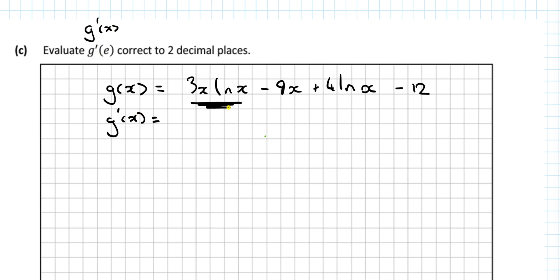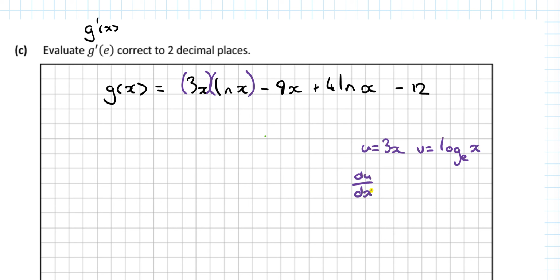To differentiate this, it is two terms with x's being multiplied together. So I'm going to need the product rule there. My u is equal to 3x. My v is equal to log to the base e of x. My du dx is equal to 3. And my dv dx is equal to 1 over x.